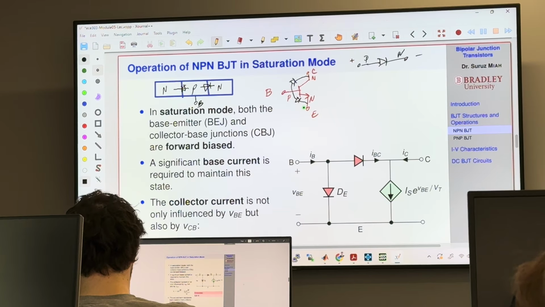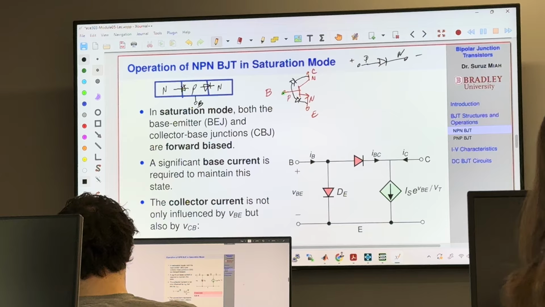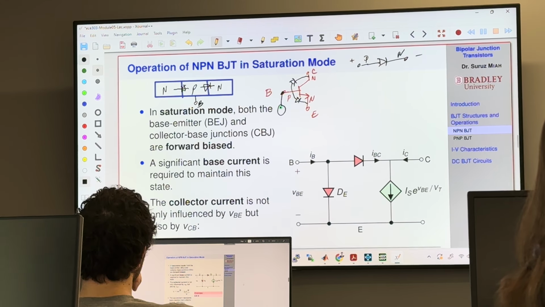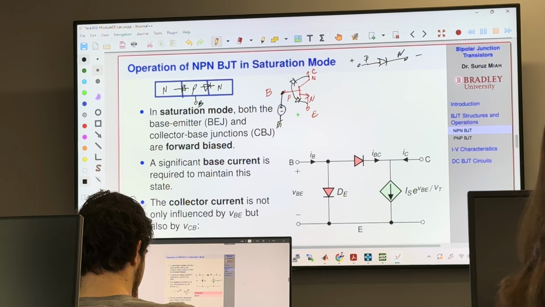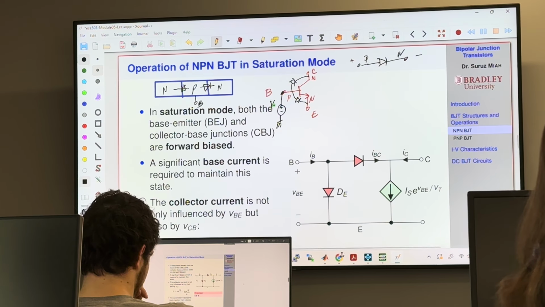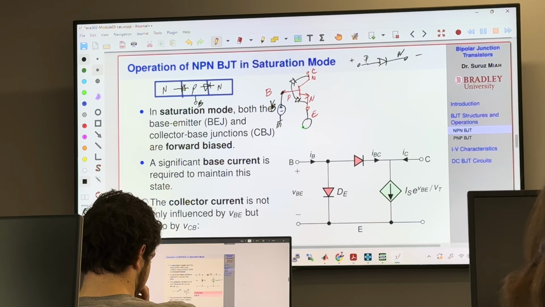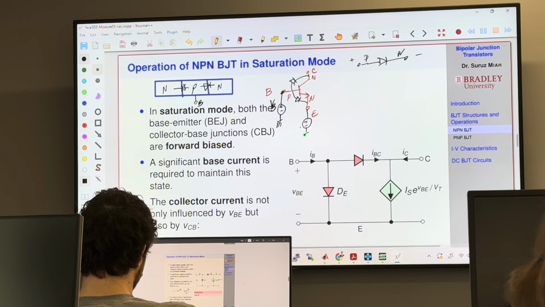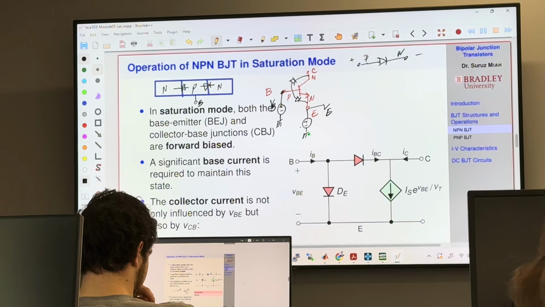Now, what does forward bias mean? Let's call the voltage of this terminal VB, and the voltage of this terminal VE, with respect to ground.